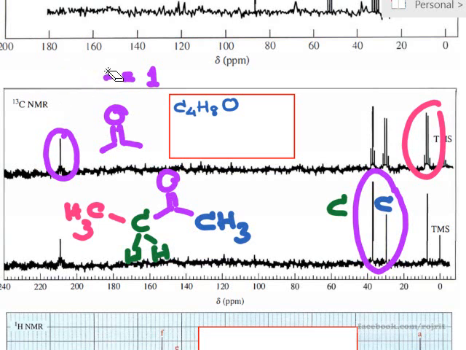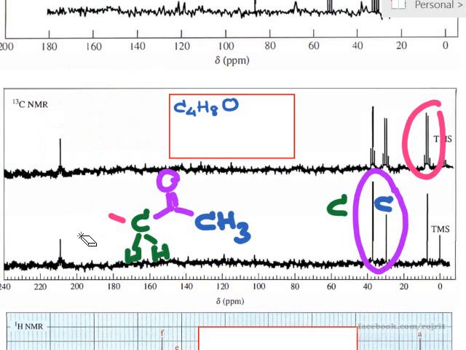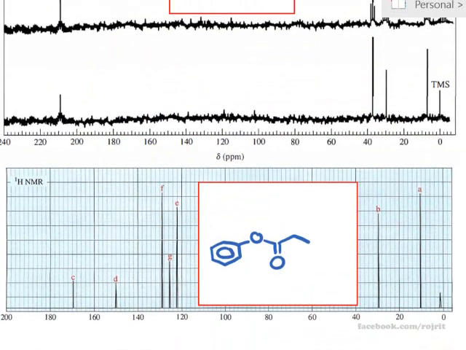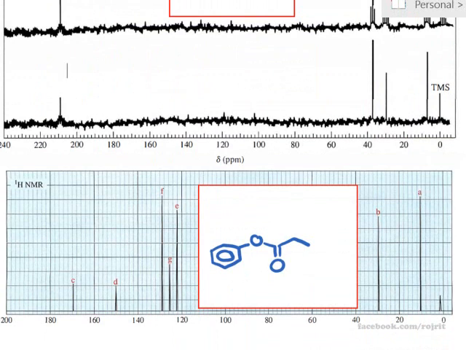Okay, now we're going to look at the second question. For the second question, we have the molecule. We have the carbon-13 NMR signals, and we have designated them A, B, C, D, E, F, G, right? So I give you the structure.